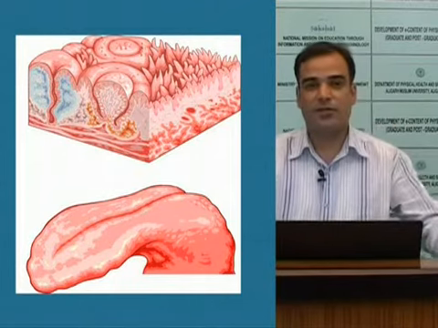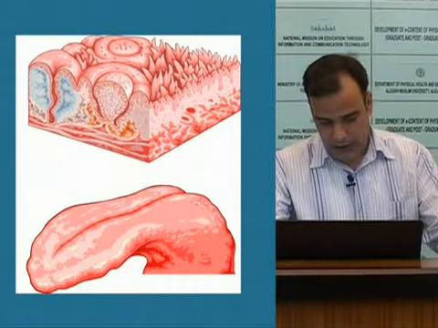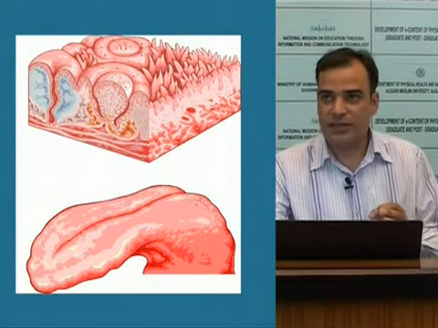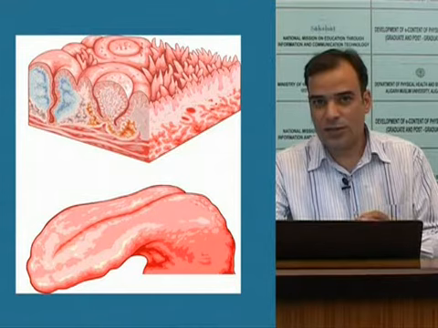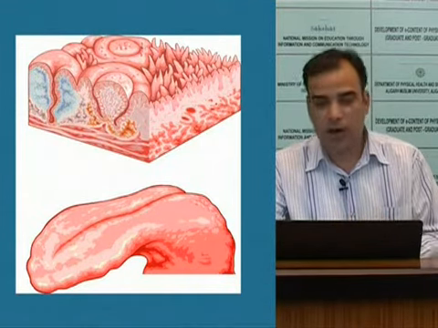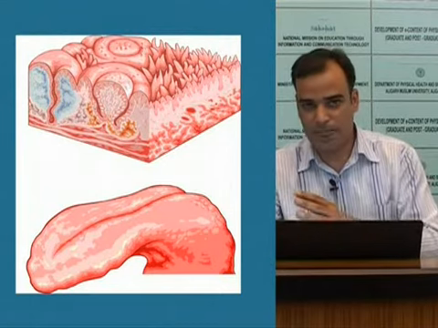Now, let's look at the first function of the tongue, that is taste. It's a very important function of the tongue, and taste is a sensation that, along with the sense of smell, helps us to distinguish undesirable or even lethal foods from those that are nutritious.